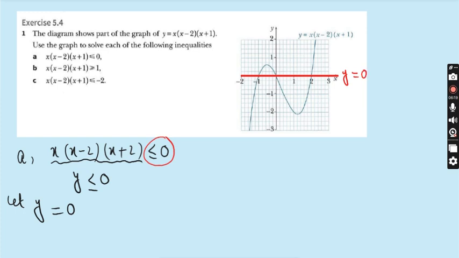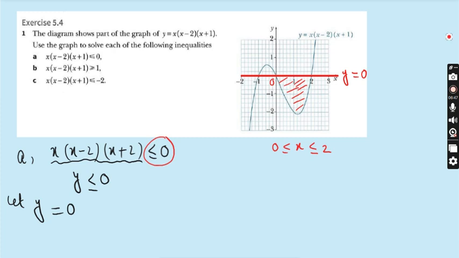Okay students, now see this portion, this one. This whole portion is below the red line. Obviously the origin is 0. The first answer is x from 0 to 2. This is the first answer.